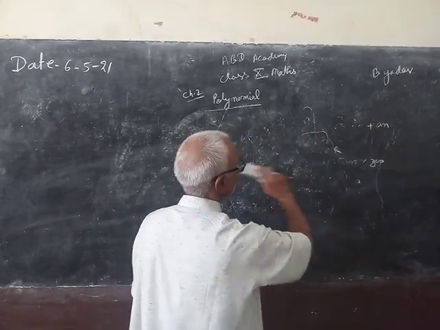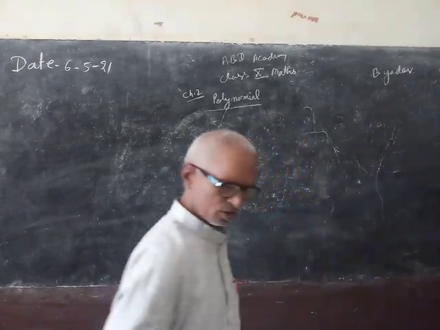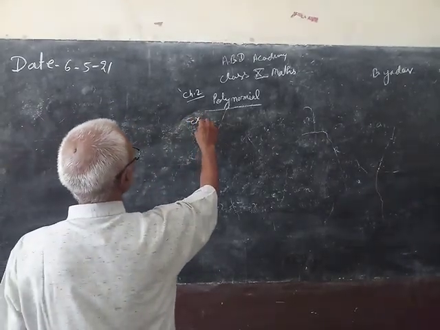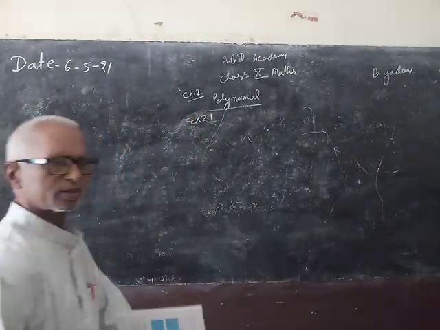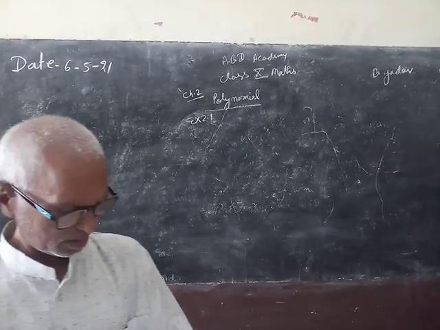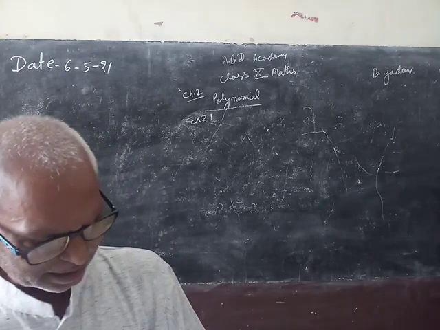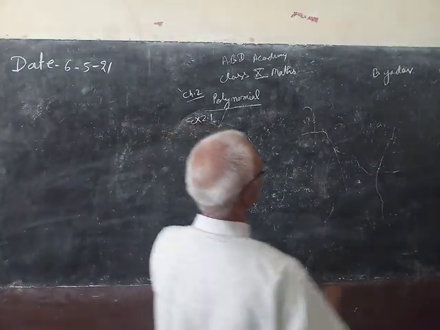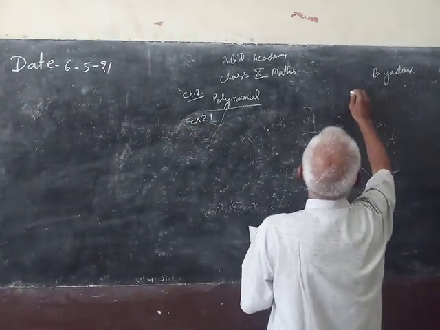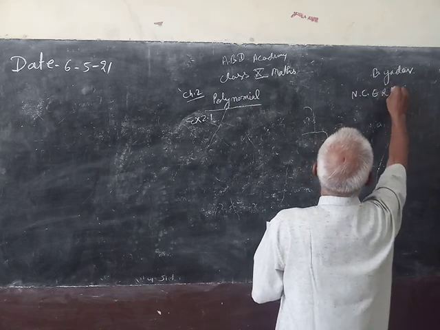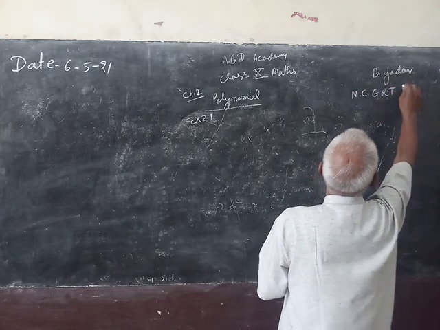So in exercise 2.1, some graphs are given. Only one question in this exercise is from the NCERT book.